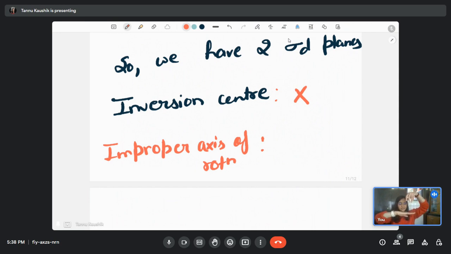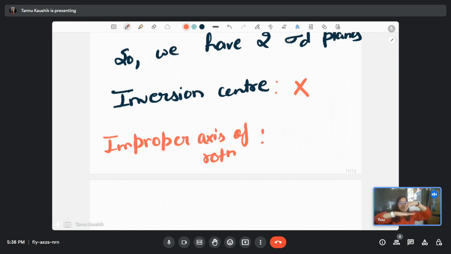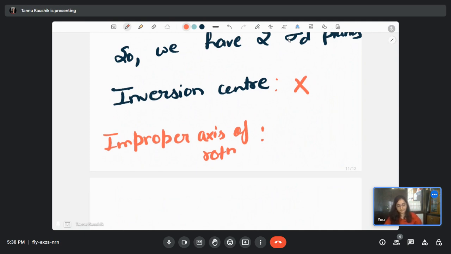So if I rotate this molecule, we have a C4 axis of rotation. But after performing this operation, if we apply a reflection, if we apply a plane of symmetry like sigma h, a plane perpendicular to the principal axis, we don't get an equivalent configuration. We will get this fluorine atom below my hand, like below the plane of the board. Therefore, we don't have an improper axis of rotation here.